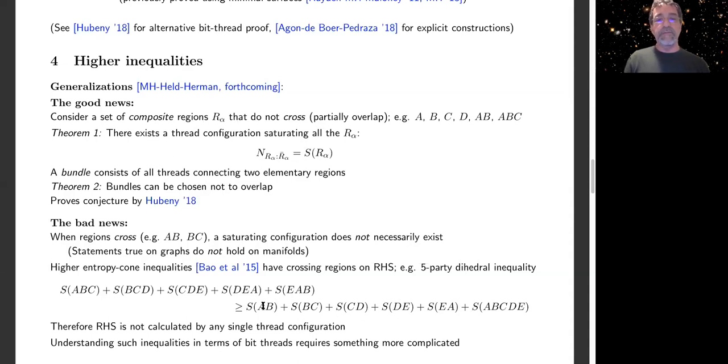And the strategy for proving these inequalities using threads has so far been to find a single thread configuration that simultaneously calculates every term on the right-hand side and bounds every term on the left-hand side, and then you're golden. But you can't do it with these inequalities. So you're going to need something more complicated. And that's kind of the state of the art.